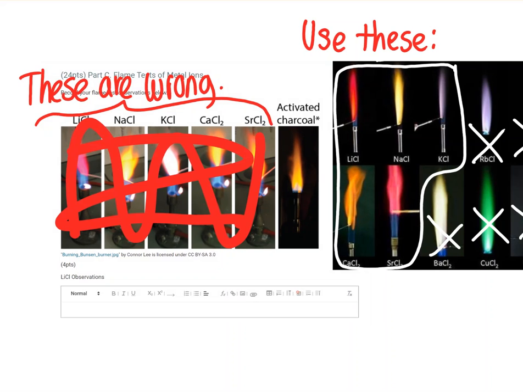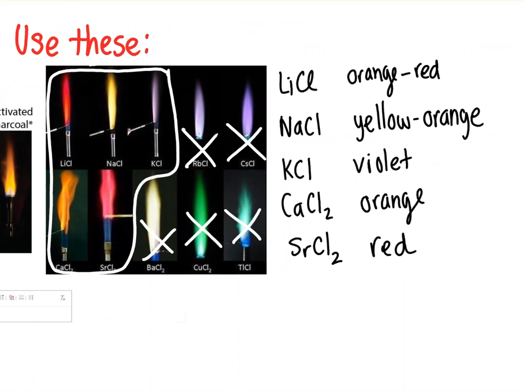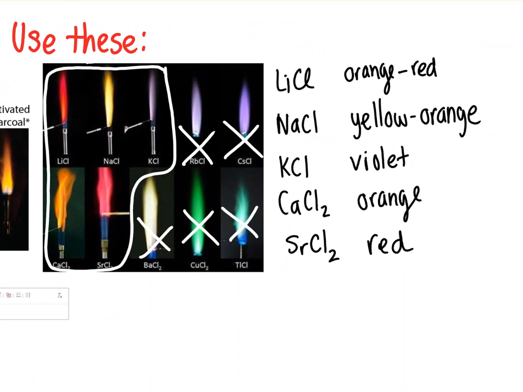Then we get to the flame tests, and I don't like their picture at all. The colors are really hard to distinguish. So you're going to do the same metals, but use my chart, and I also give you an interpretation because a couple of those are kind of hard to distinguish. If I say sodium chloride is kind of yellow-orange, it is a judgment call, but this will help you with your questions.